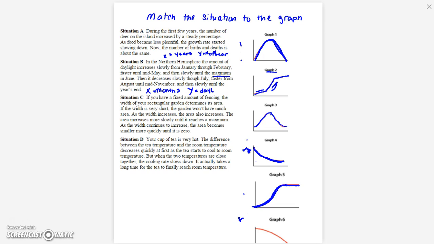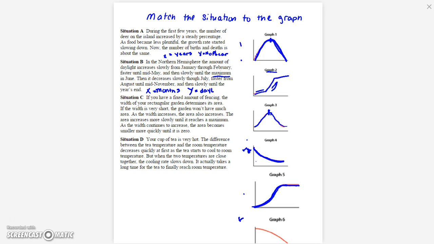So it could be graph 1, and there's the maximum point for graph 1. It could be graph 3, and there's the maximum point for graph 3. It could be graph 6. Graph 6 has a maximum and then it goes down, but it doesn't start going up. So the question is, which one of these two graphs, graph 1 or graph 3, looks like it's starting out a little slower and ending a little slower?